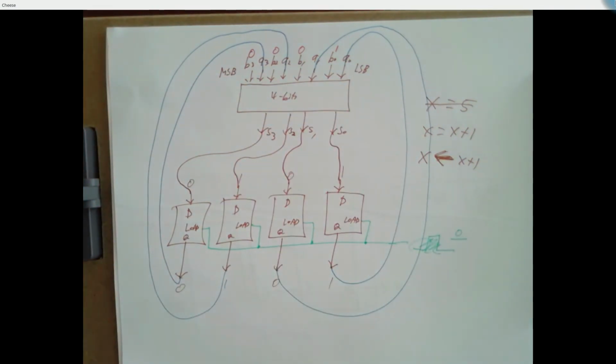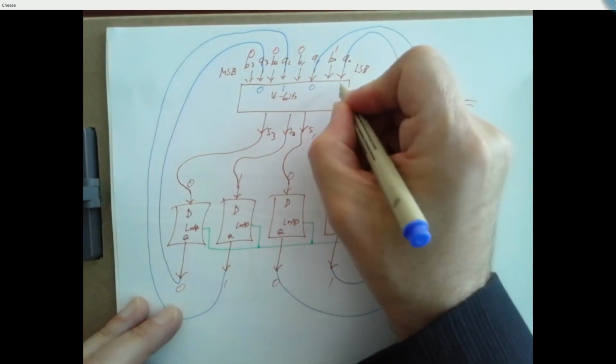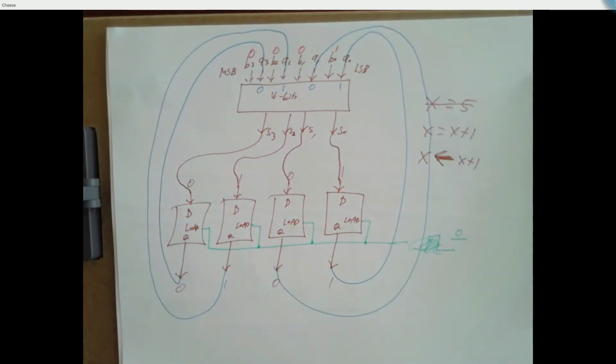So let me mark those. The B inputs are 0, 0, 0, 1. This is an adder, so the output should be whatever the result of this calculation is, which happily is the number 6.